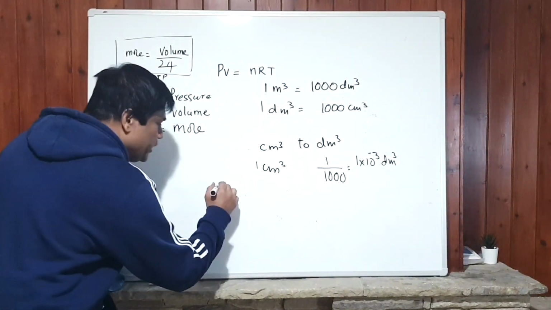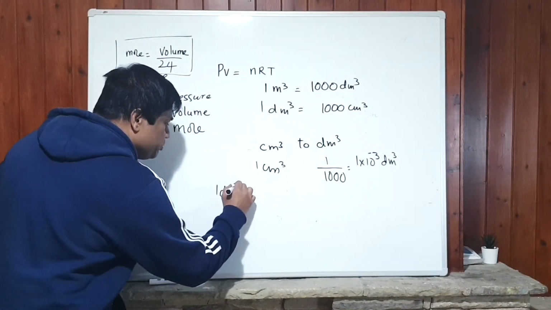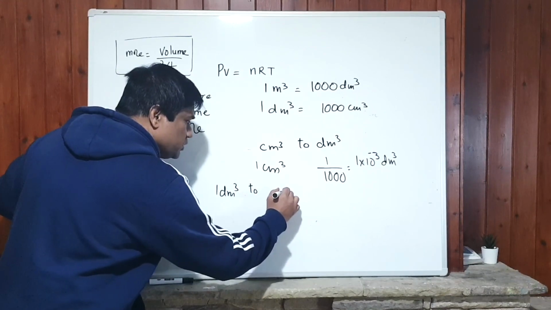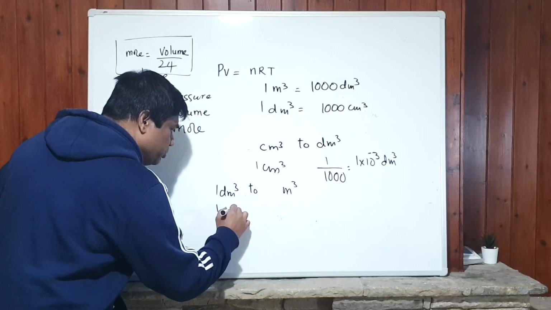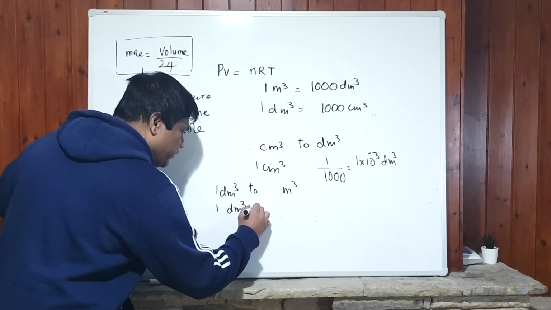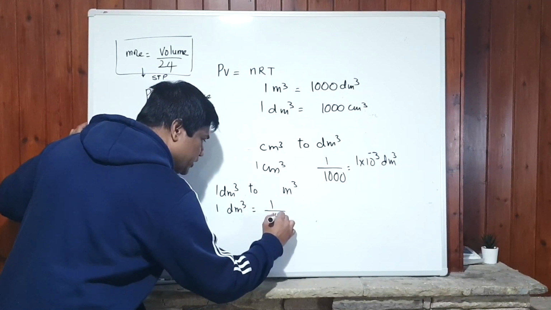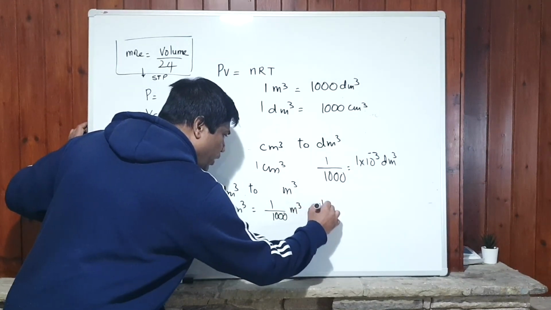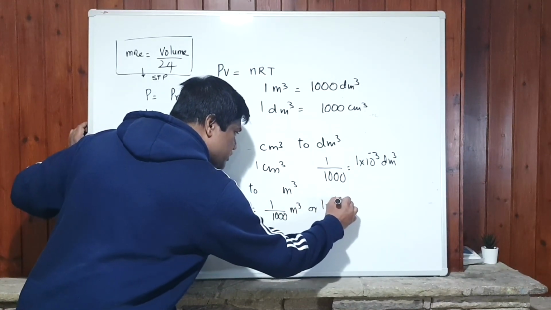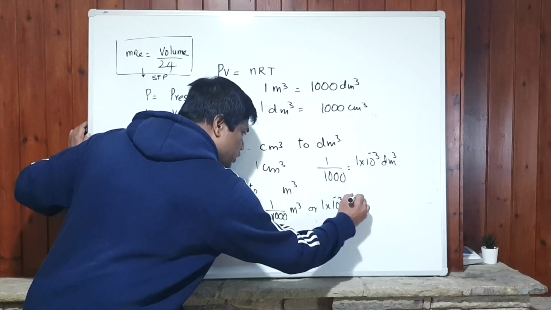So 1 dm cube to meter cube: 1 dm cube equals 1 over 1000 meter cube, or 1 into 10 to the power of minus 3 meter cube.